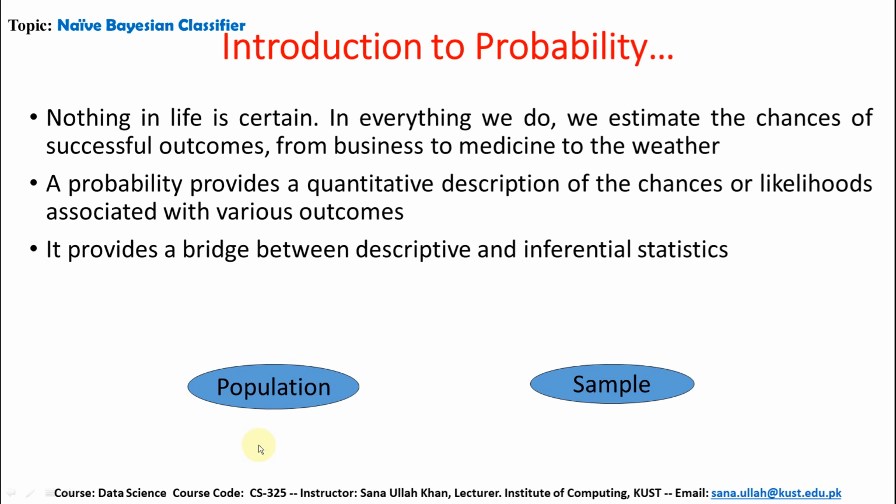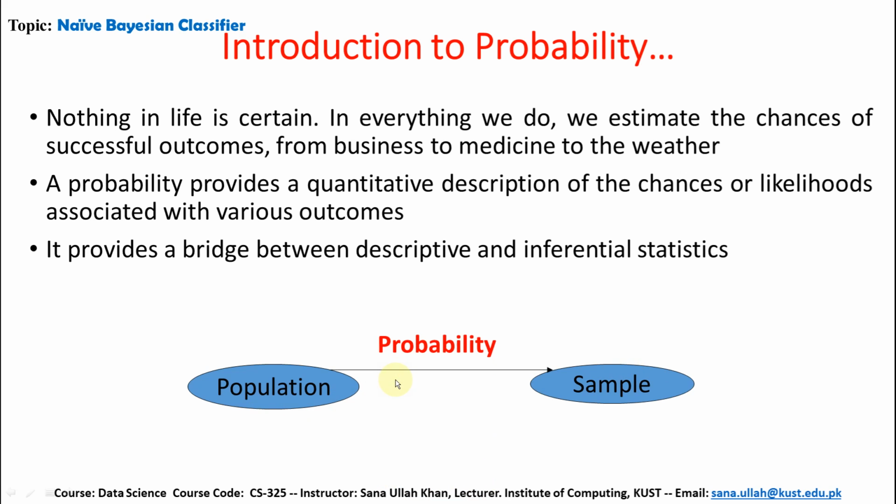A population is the whole collection of relevant data, for example a population of people, shoes, birds, or fruits. A sample is some collection taken from this population.